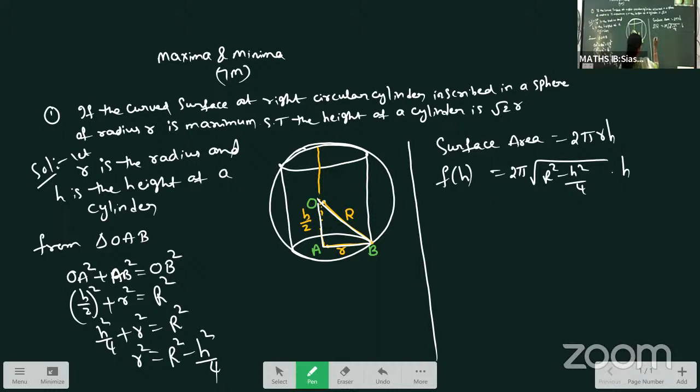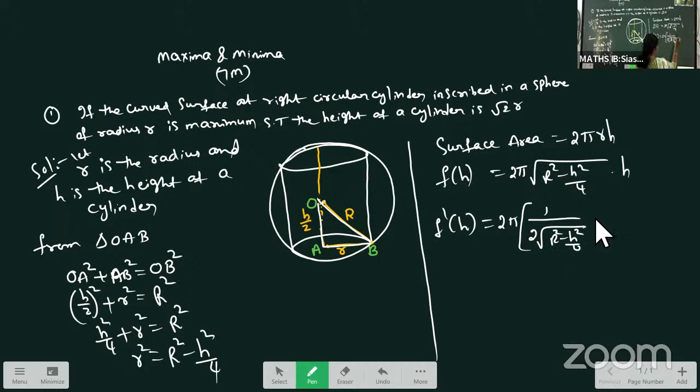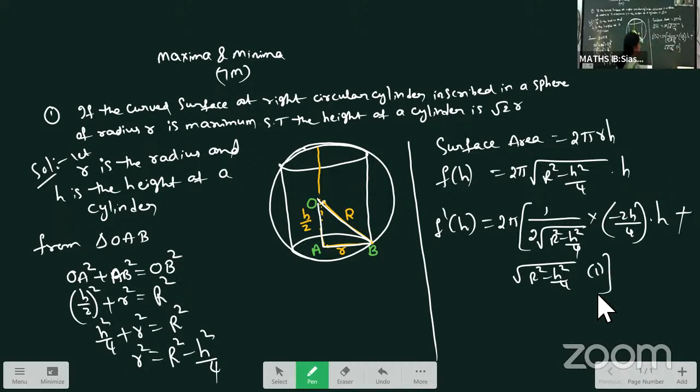So come on, find f dash of h. First derivative, here h is the variable. Use the UV rule. 2 pi is a constant, keep it outside. Root x concept, root x derivative: 1 by 2 root of R square minus h square by 4, into derivative of R square is 0, h square is 2h, so minus 2h by 4, into h outside as it is, plus again the square root of R square minus h square by 4, into derivative of h which is 1.